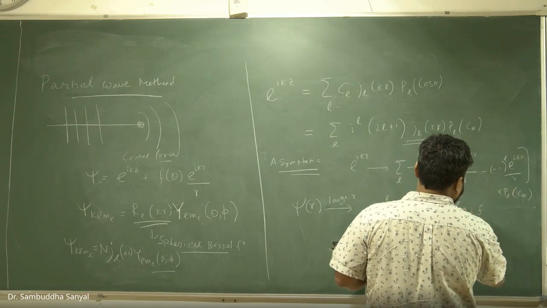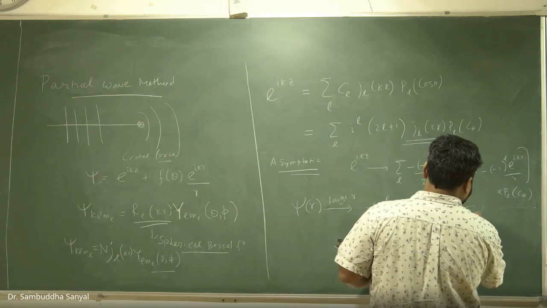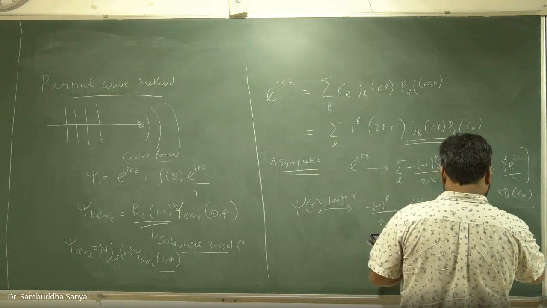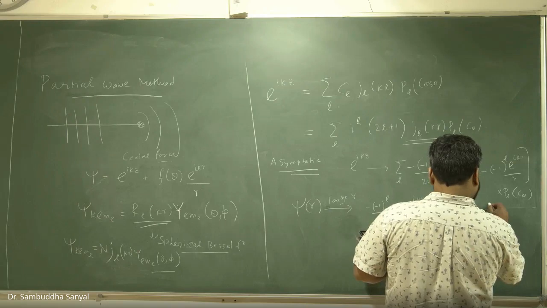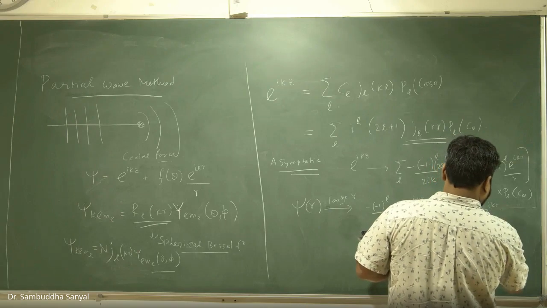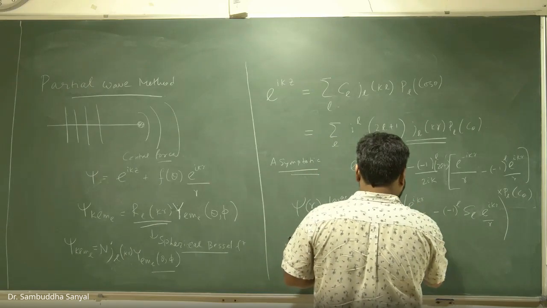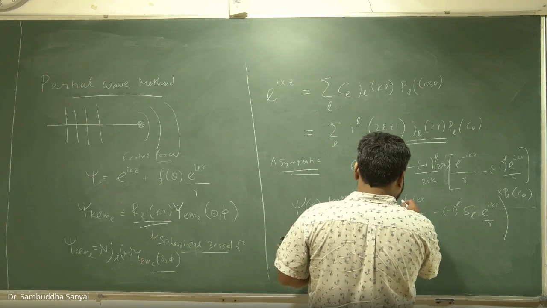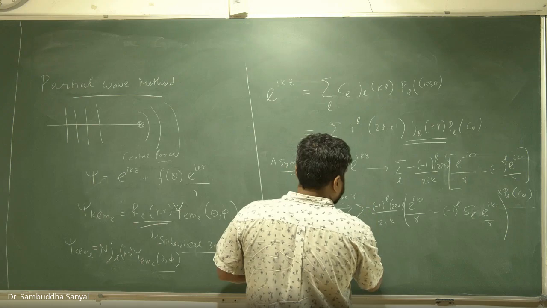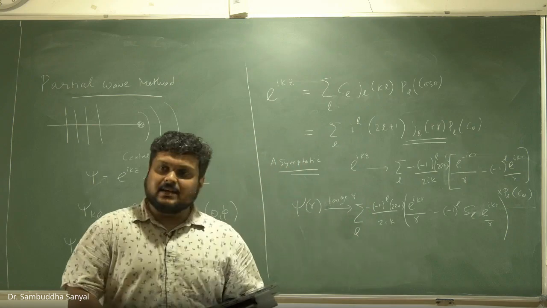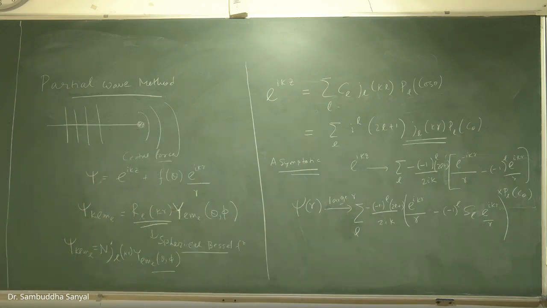So these two together, actually I can rewrite as some SL, which is my incoming outgoing wave S matrix, e^{ikr} by r. So this should be the full factor with a 2L plus 1. Check the small factors of half, minus, plus, all those things.